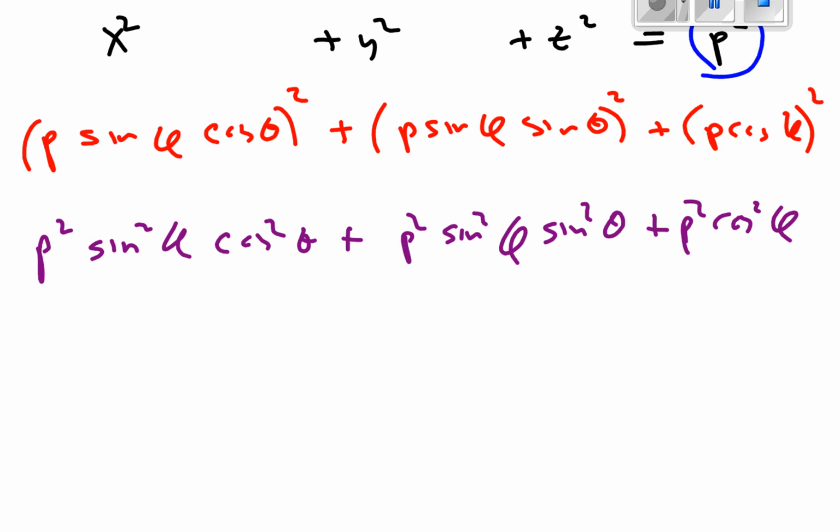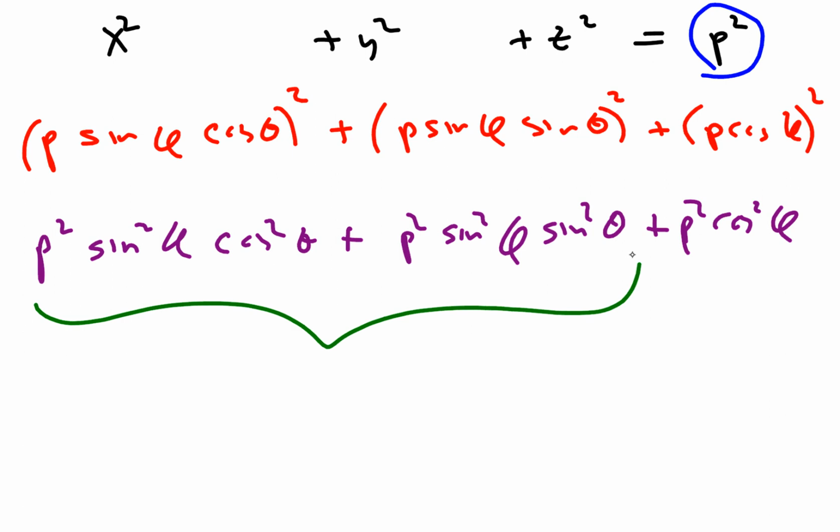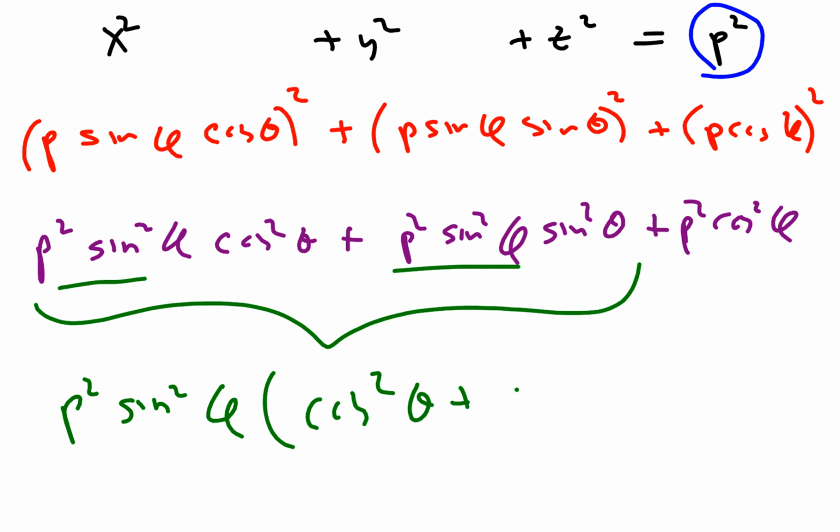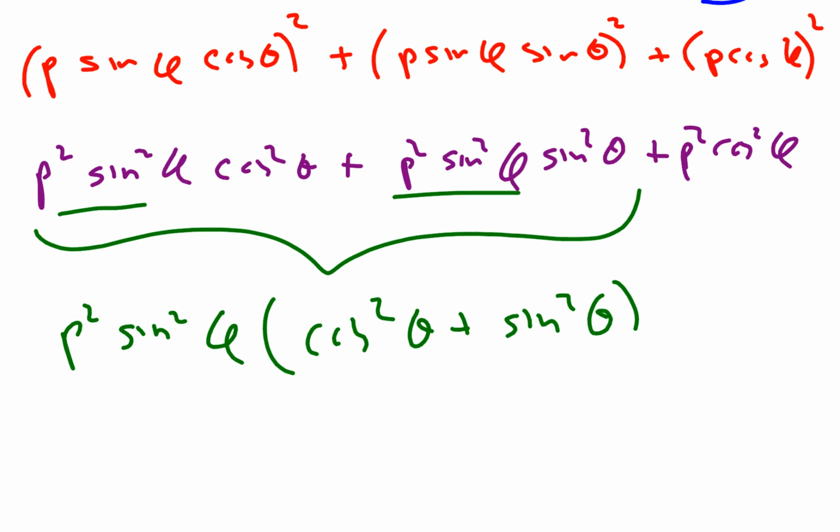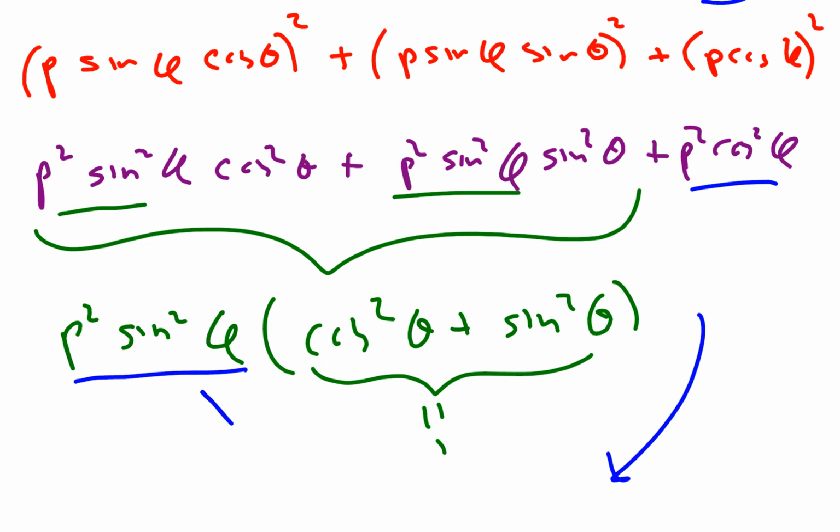All right, so continuing, I'm just going to focus on the first two terms of this expression because they have a common factor, which I'm going to take out. So I'm going to have rho squared sine squared phi times (cosine squared theta plus sine squared theta). And a little alarm should go off in your mind there because you know that this piece is equal to 1.